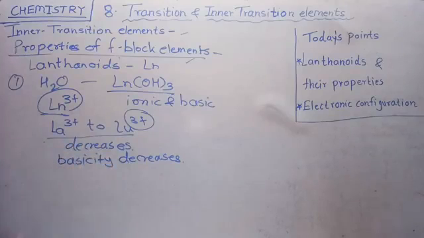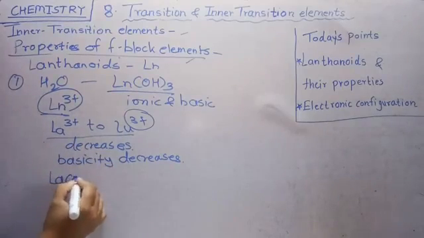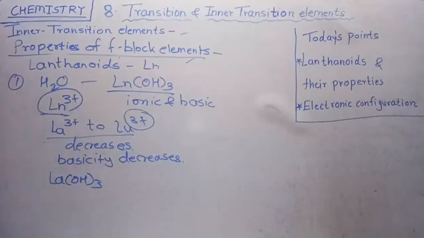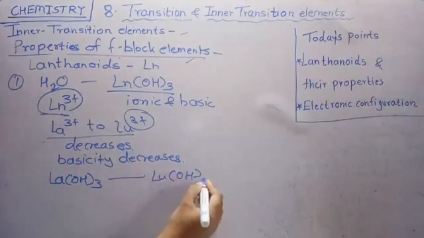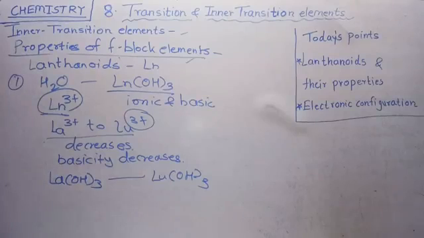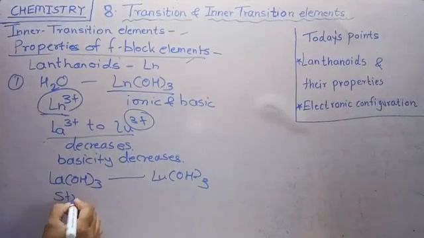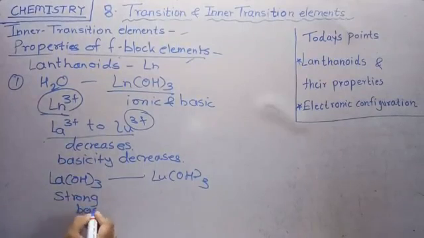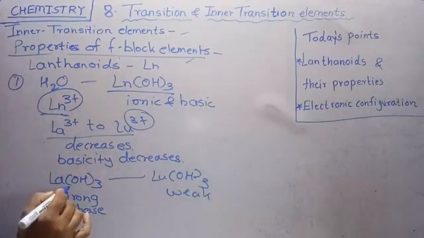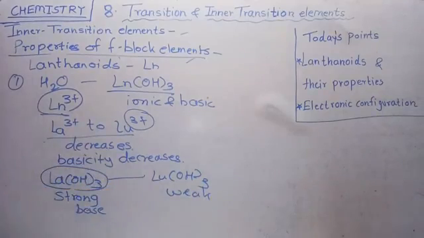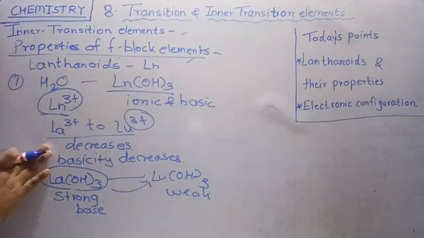So their basicity goes on decreasing. That means lanthanum hydroxide is a stronger base as compared to lutetium hydroxide. La(OH)3 is a strong base as compared to Lu(OH)3. Then your answer is the same here.